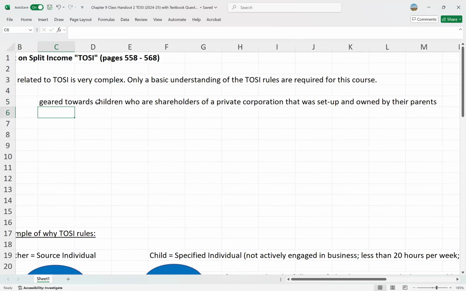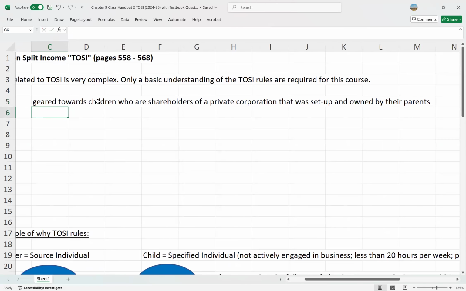So parents set up this private corporation and they sold some shares to the children or gifted some shares to the children.